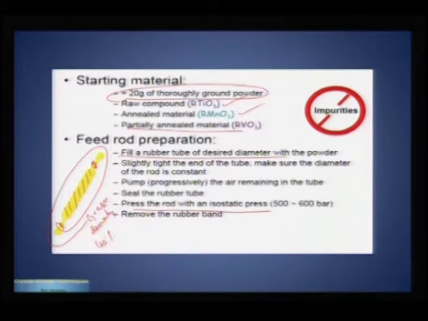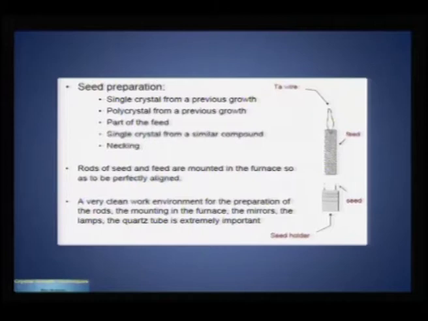So what you do after isostatic pressing, you can try to remove this rubber, or you can tear off the balloon, then you get a rod which is nothing but a simple compact but good enough to hold as a rod, and then you put that as your feed here.